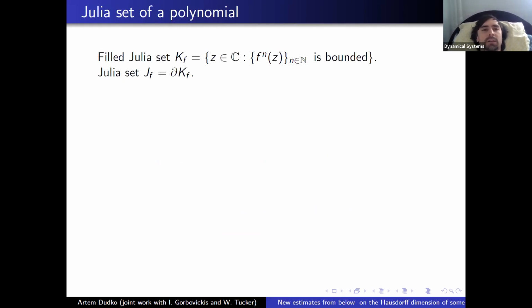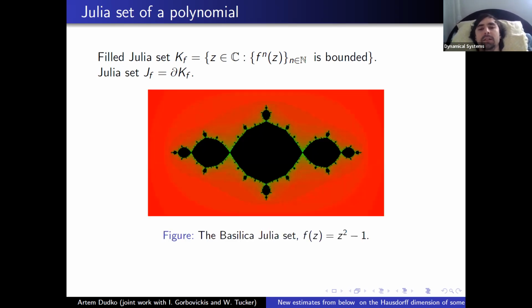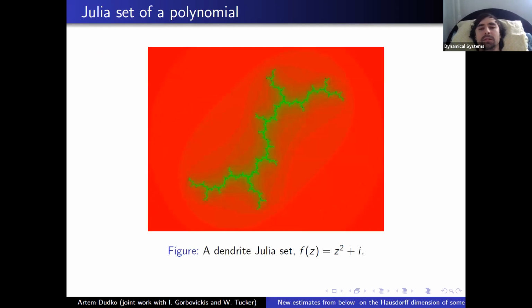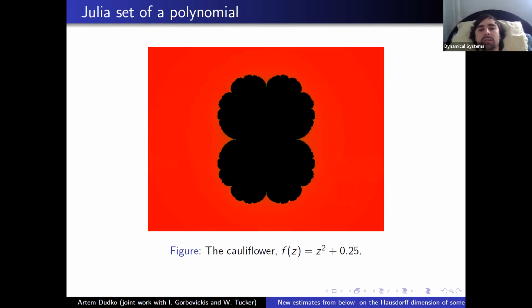Just a brief reminder of what we call a Julia set. By definition, given a polynomial f of z, its filled Julia set is the set of non-escaping points, and the Julia set is the boundary of the filled Julia set. And here are a few nice pictures of various Julia sets.